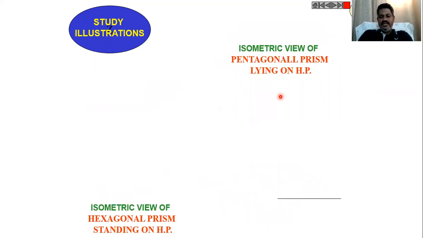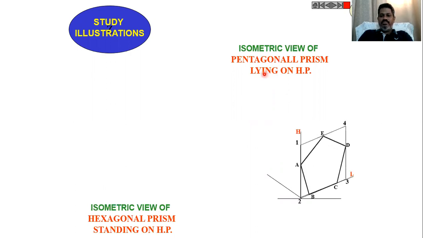Now let me take one more example. Isometric view of pentagonal prism lying on HP. Pentagonal prism, this is a prism in which the base shape and the top shape are the same.